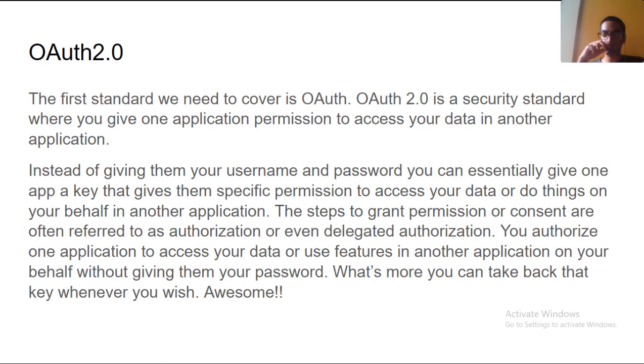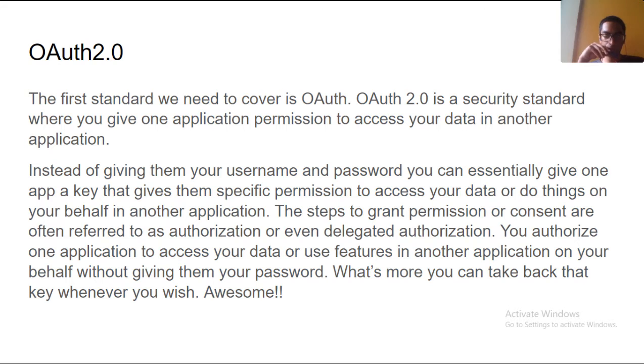You are the separate entity, and you're supposed to give permission to Google to access your data from the banking application. OAuth 2.0 is a security standard that solves this problem. It solves the problem of securely providing only the required information to the application that wants to access certain information from your banking application.